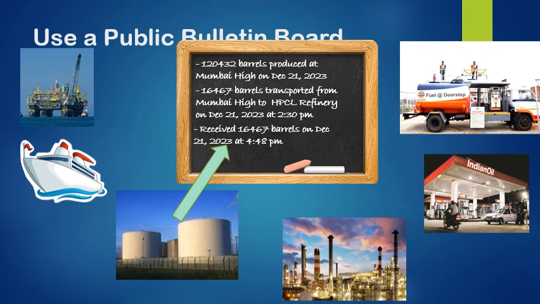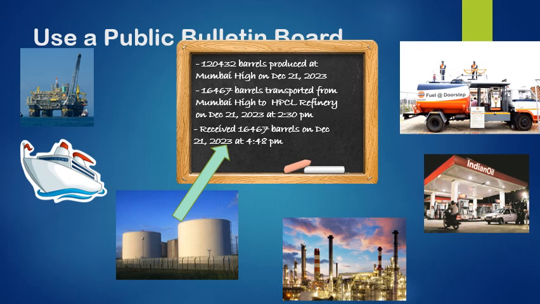can see it, and that is interesting. Why it is interesting is that by looking into the information on the blackboard, we can track what is happening, how much crude is being produced, how much it is being transported, when and from where it is being transported, and by whom it is being received. Everything is transparent on the blackboard.